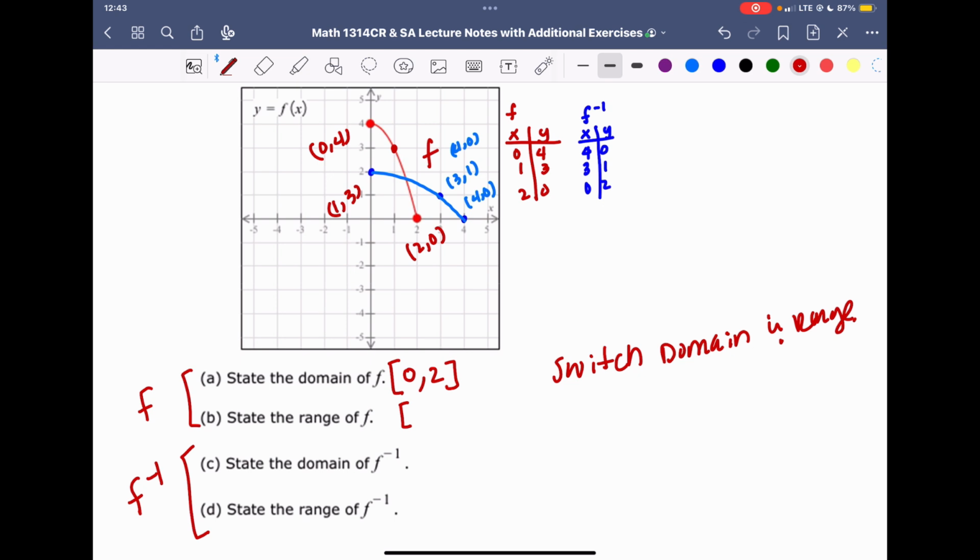Range is going to be 0 to 4. Then the domain of the inverse of f is going to be 0 to 4. Then the range is going to be 0 to 2. Right, so they switch.